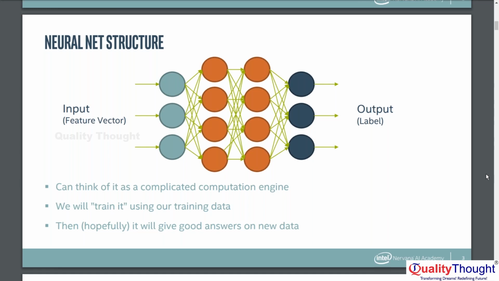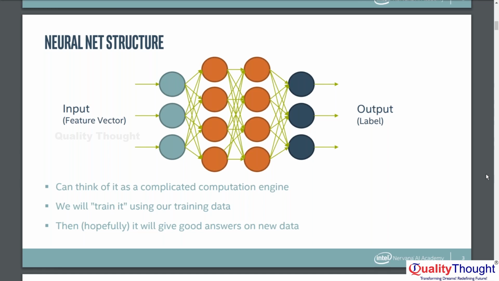Of course we need to do proper training, without which it cannot learn how exactly to carry forward the processing. It is obviously a bit more complicated computation when compared to the regular machine learning algorithms.